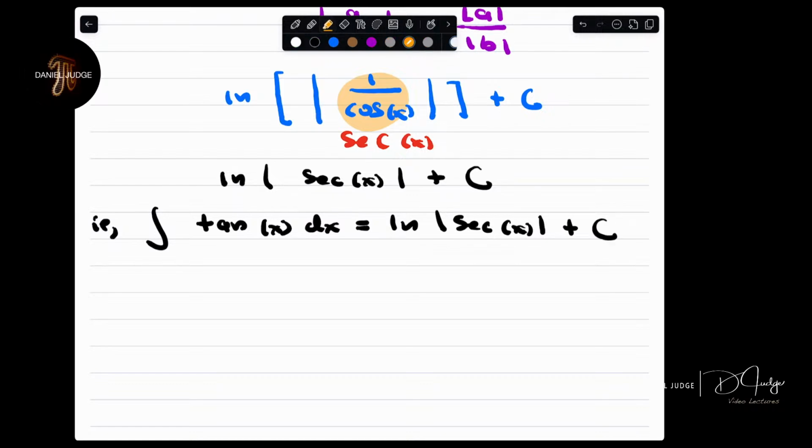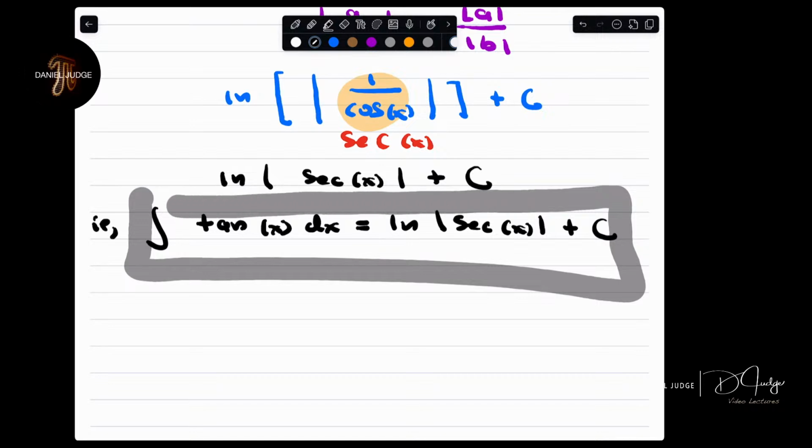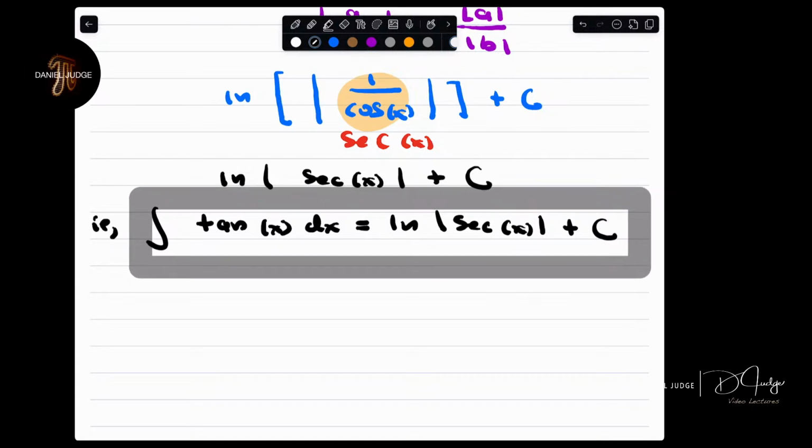Now, I'm going to really recommend you memorize this, because this shows up a lot. This integral shows up a lot. So in the Calculus 2 course, just memorize that one, okay? And now you're free to use it.